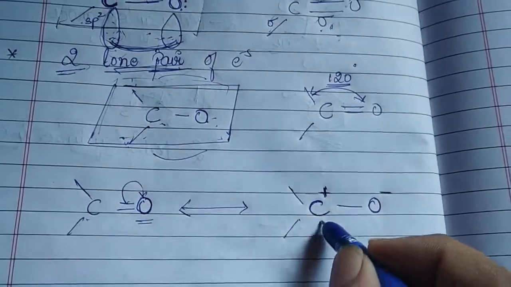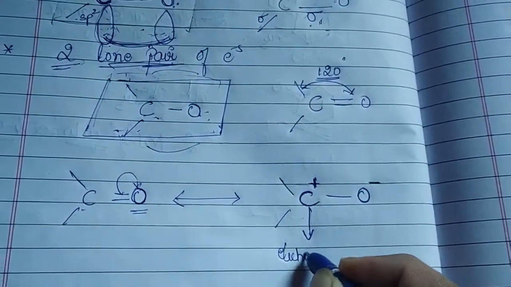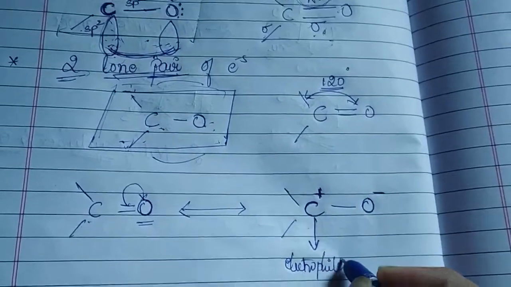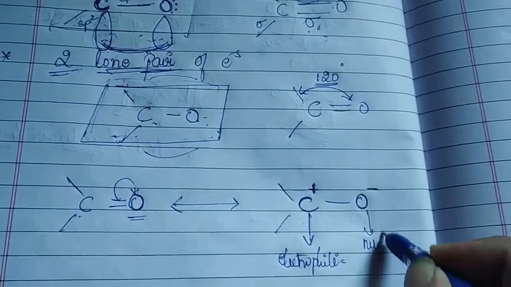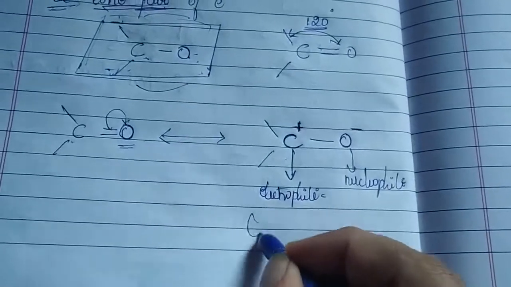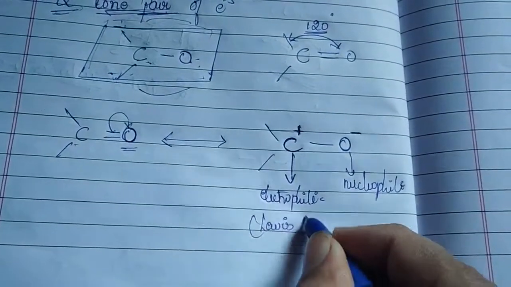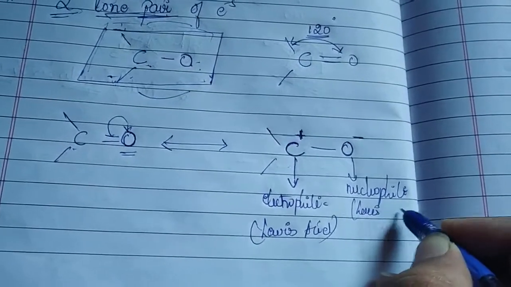Therefore we say that carbon will be electrophilic over here, whereas oxygen will be nucleophilic. Electrophilic, in simple words, we call a Lewis acid, and this one is a Lewis base.